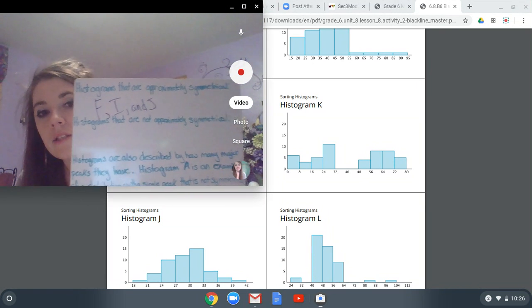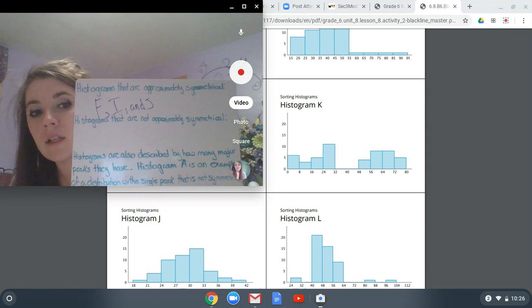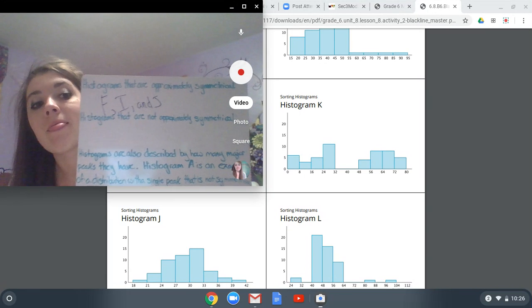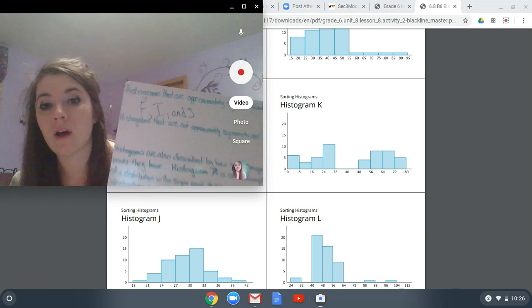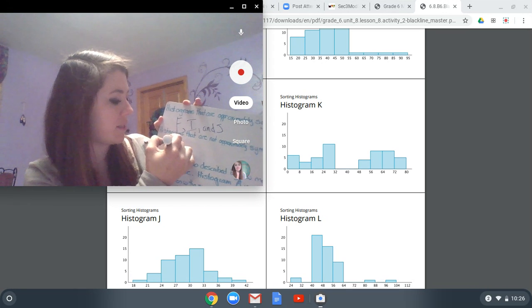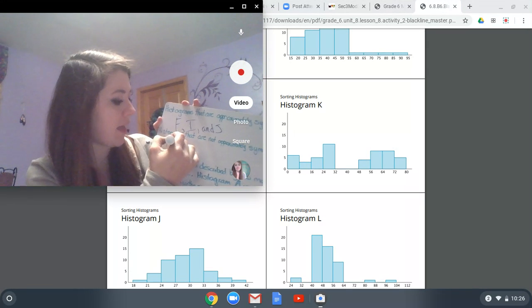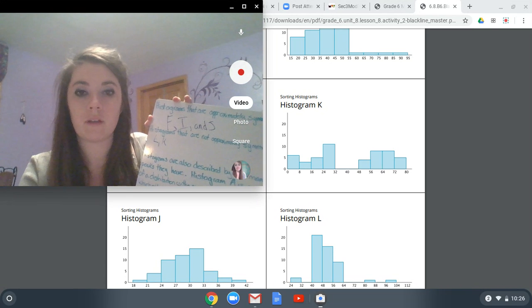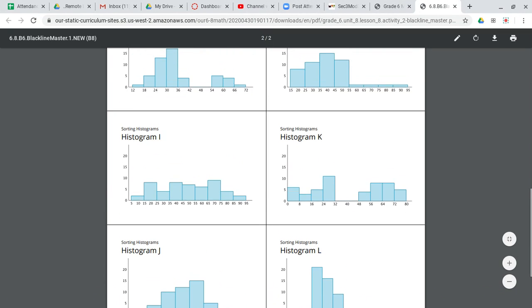All right, now next, using those same ones, we're going to look at all the histograms that are not approximately symmetrical. Well, that's all the rest. So that's L. So we can see L right here. That's K. Let's go up in this.